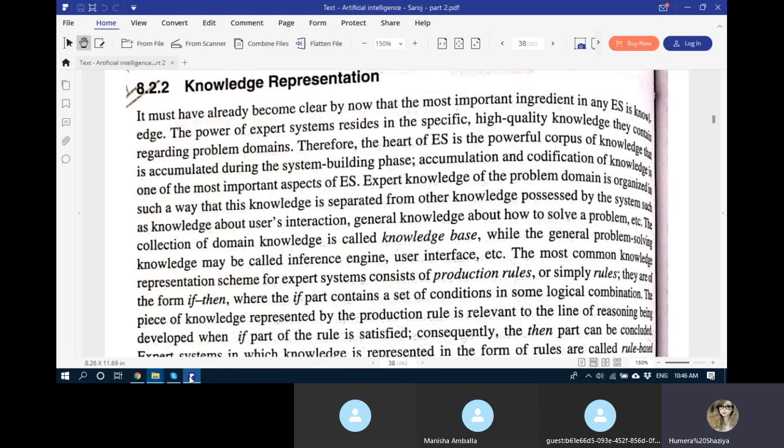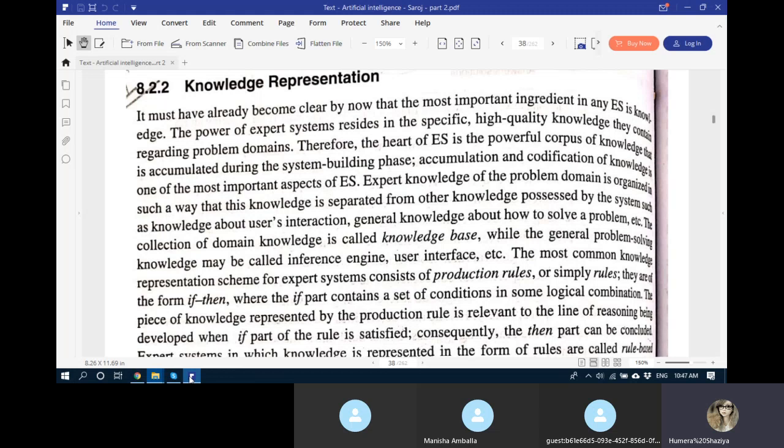Another method for representing the knowledge is a frame or a semantic net. A frame is, if you remember, a data structure that encompasses slots.